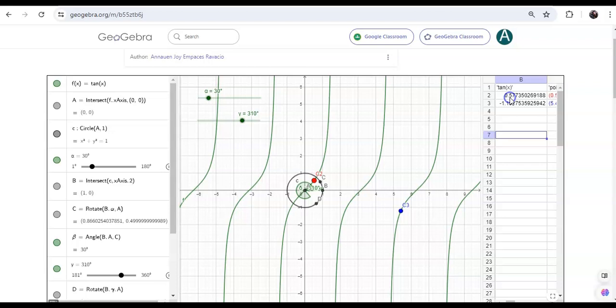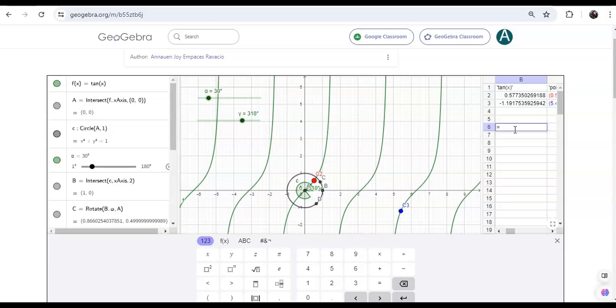Alright, so tangent 30 degrees is around 0.57735. So the first option is positive 1 over square root of 3.